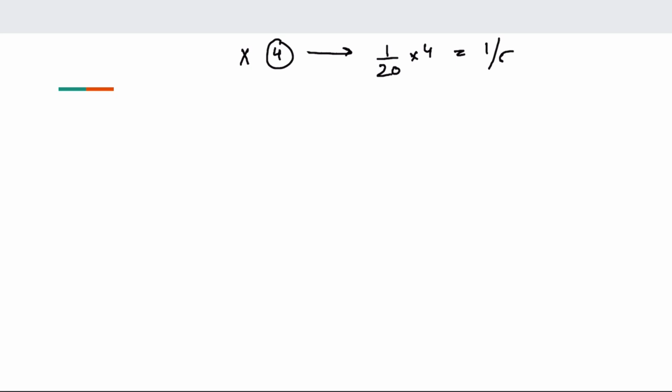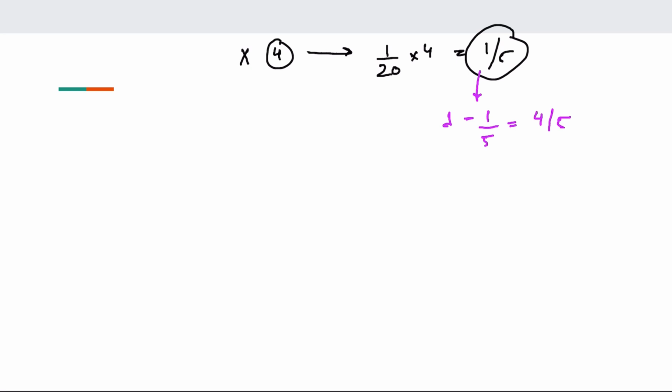Because I'm dealing in fractions, the whole work has to be 1 unit. If 1 by 5th of the work is done, the remaining work is going to be 1 minus 1 by 5, which is nothing but 4 by 5.